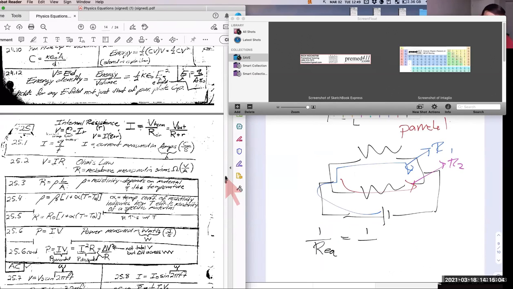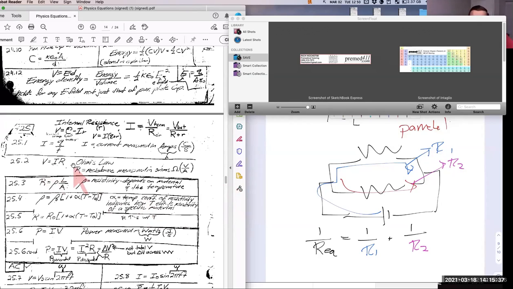This is 1 over R1, and then this is 1 over R2. And you would plug that in, and then you could solve for I. So those are the basic forms that Ohm's law can take on when you've got more than one resistor. But the form is basically this. V is equal to IR.